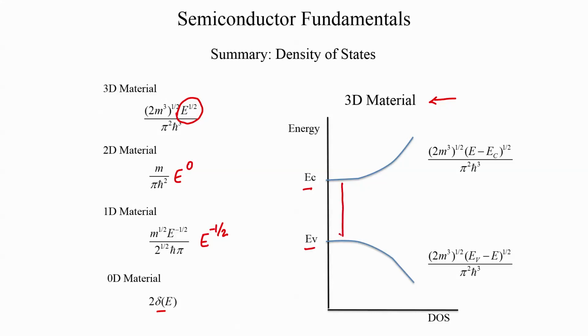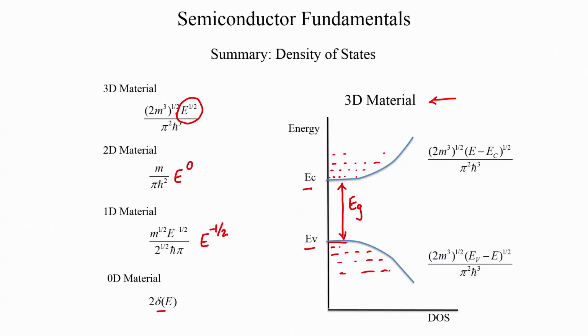There is an energy gap, let us call that Eg, and then you have states in the conduction band, above the conduction band edge, and you have states below the valence band edge. And the density of states, which is the number of states per unit volume per unit energy, varies as E minus Ec to the power half. So, this is like a square root behavior.